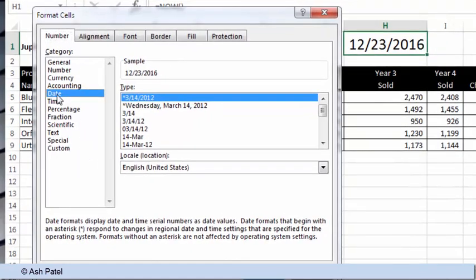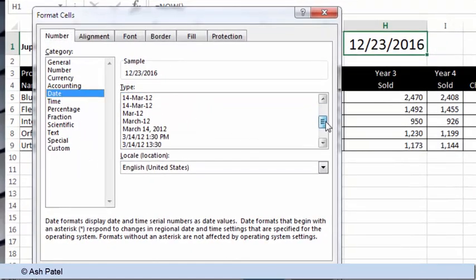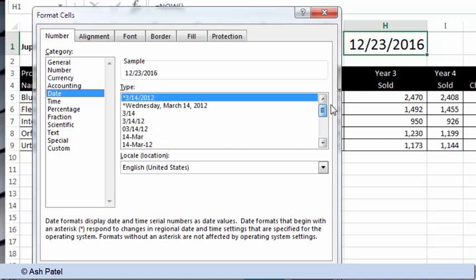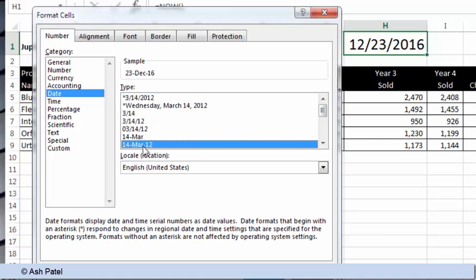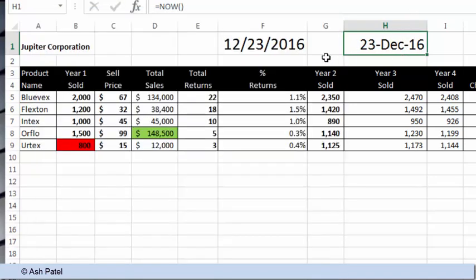So I'm going to go to date, and you want to pick the type of date. So do you want the date in this format, month, day, year, month, day? Do you want to see the time or not? I'm going to choose this particular one, which is called medium date, because it's the easiest, most efficient way to type in. So if you have a lot of dates to type in a column, this is the easiest way to do it. And that's what it looks like.